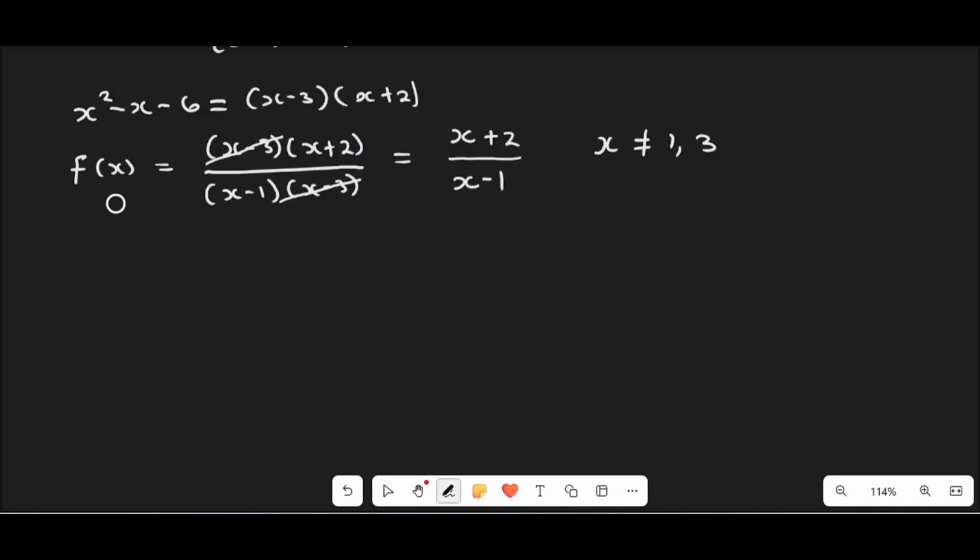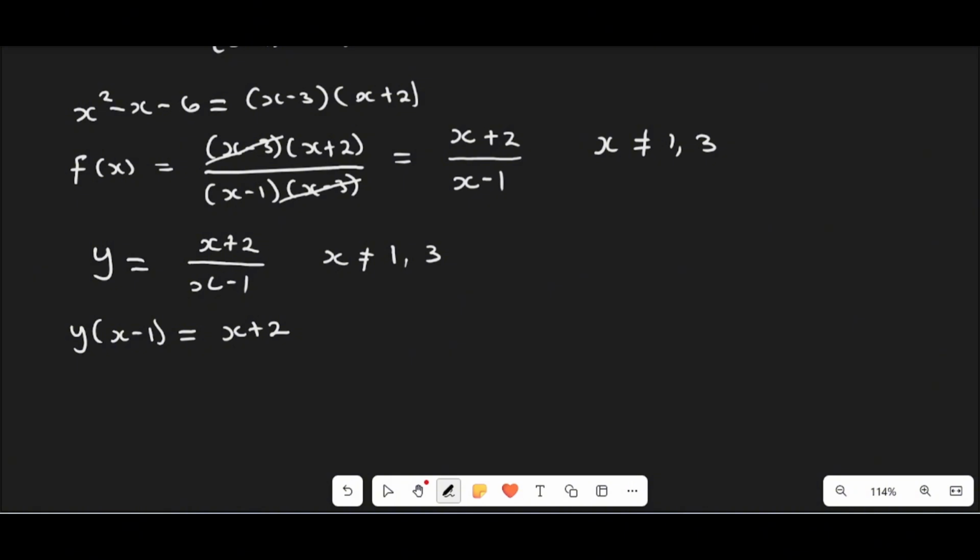Let us replace f(x) with y. So y equal to x plus 2 over x minus 1, x not equal to 1, 3, and this is our simplified form. The next thing we have to do is cross multiply: y(x minus 1) equal to x plus 2.